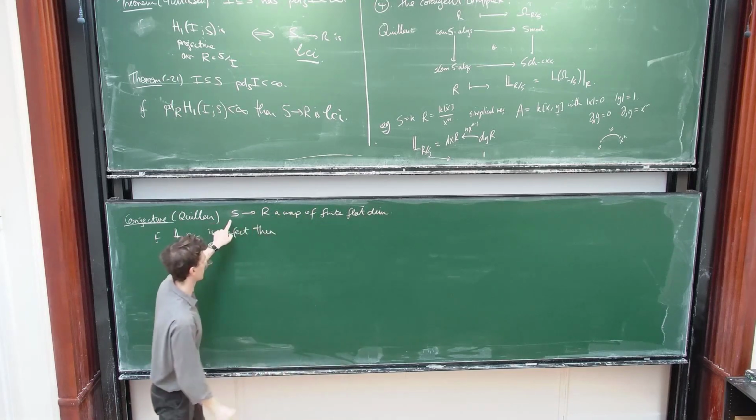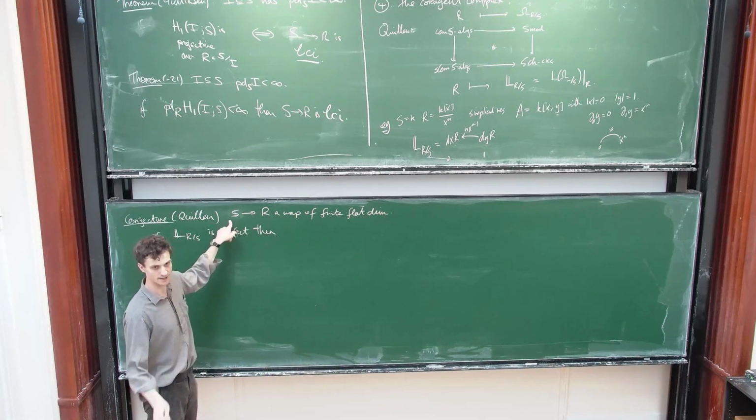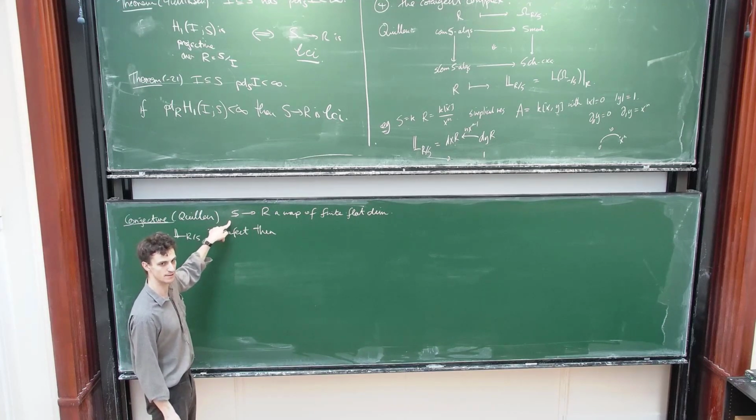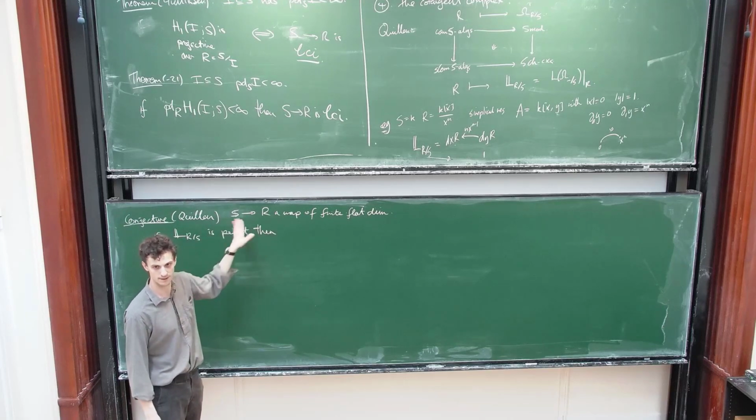Most of the theorems have this kind of hypothesis at the beginning, like having an ideal of finite projective dimension, and it's some regularity assumption, and there are still open questions about what goes on when you drop these things, but they're quite difficult.